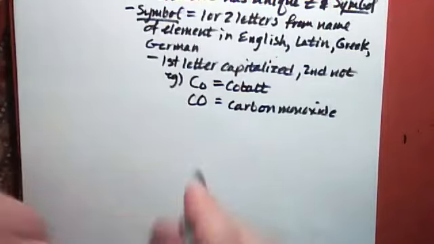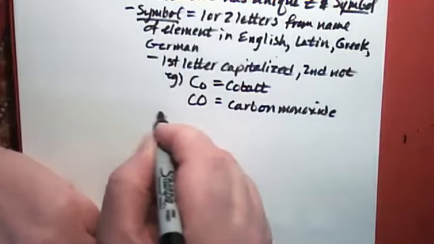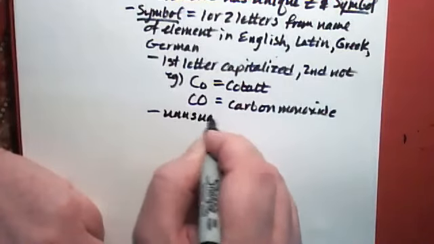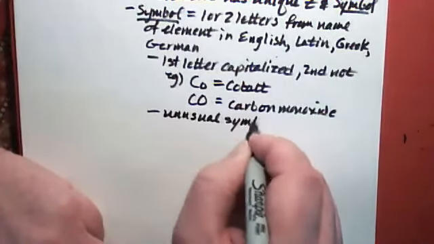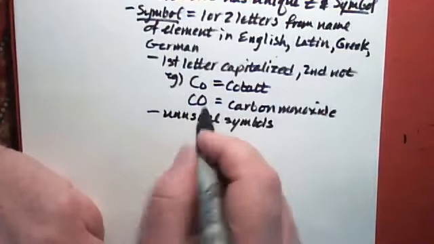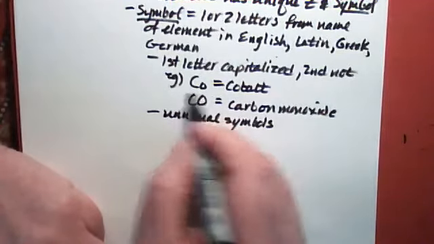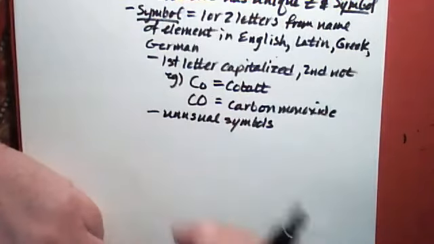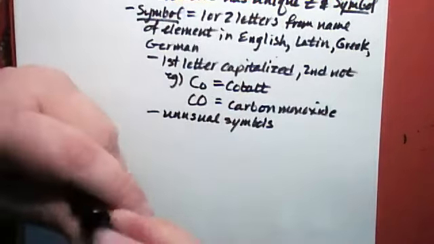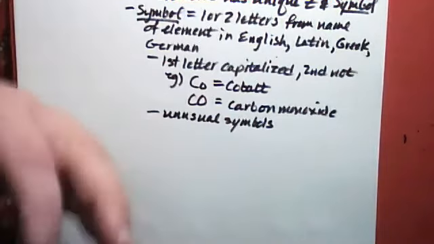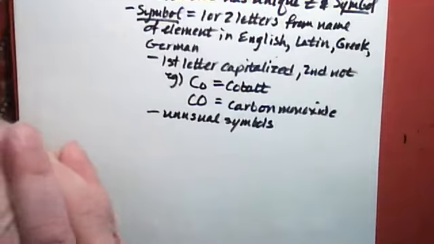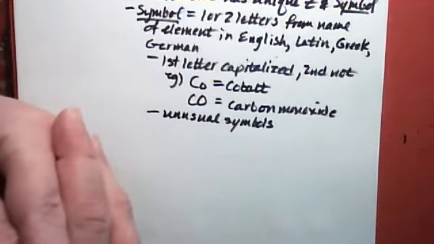Okay, so some of the symbols are pretty straightforward, like Co for cobalt, or for that matter C for carbon and O for oxygen. But some of them are not so sensible. Even some of the ones that do make sense in English, you have to be careful not to mix them up.